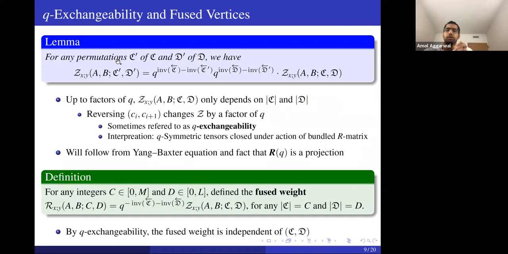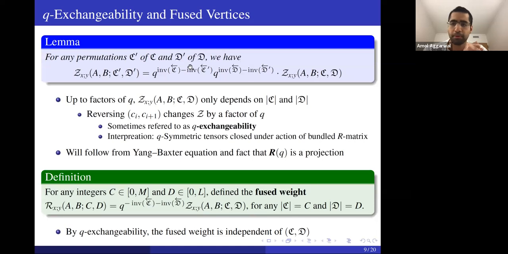Okay, so now these weights that I've just defined satisfy a number of fairly useful properties, maybe the main one being the notion of q-exchangeability. So let's say I have a permutation C prime of C and another permutation D prime of D. So C prime has the same number of ones as C and the same number of zeros as C, except they're permuted slightly.